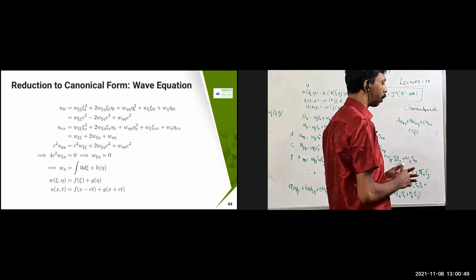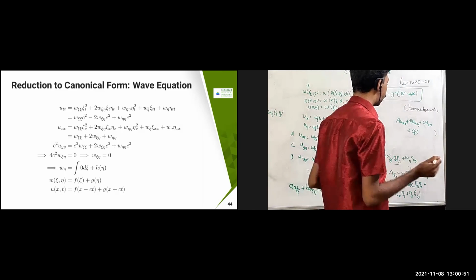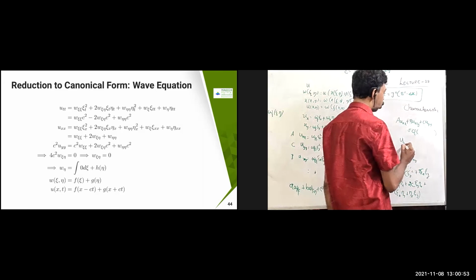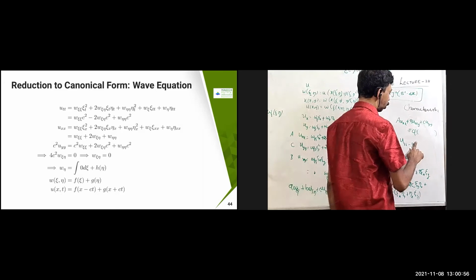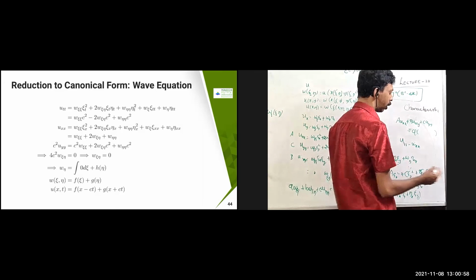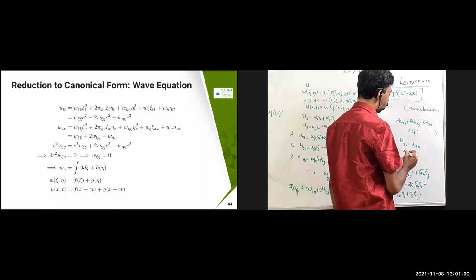Many of the things have gone away because the wave equation has utt minus uxx. So in this case, you simply get W chi eta equal to 0.